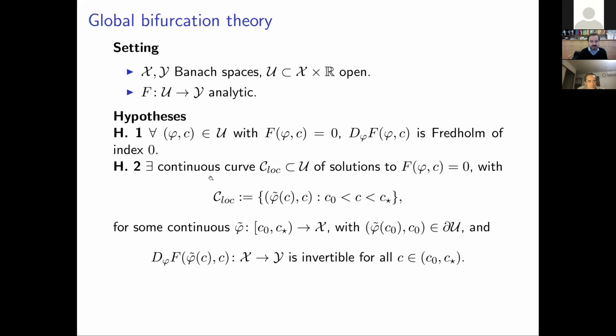The other one is that you have a curve of small amplitude solutions to begin with. This is what we have already constructed using the center manifold approach. Then you also need another technical assumption, which is that the linearization at these small amplitude solutions is invertible.